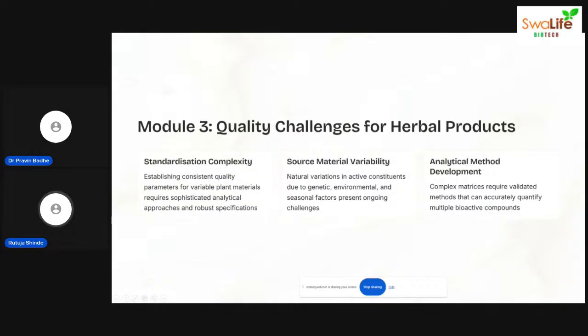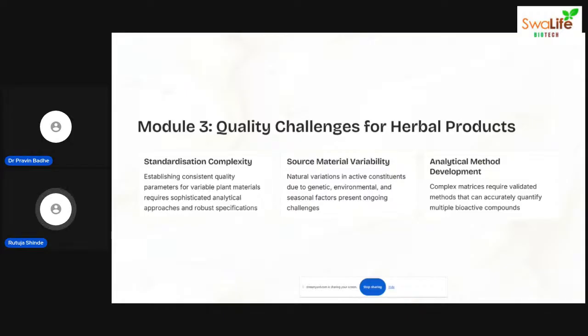Then module 3 is quality challenges for herbal products. Quality is one of the most complex areas for herbal products. Unlike single molecule drugs, we are dealing with plant materials that vary naturally. Standardizing them requires advanced analytical methods and well-defined specifications.